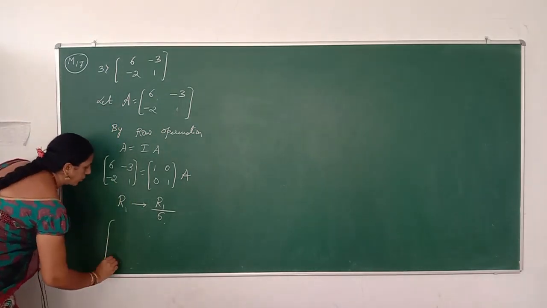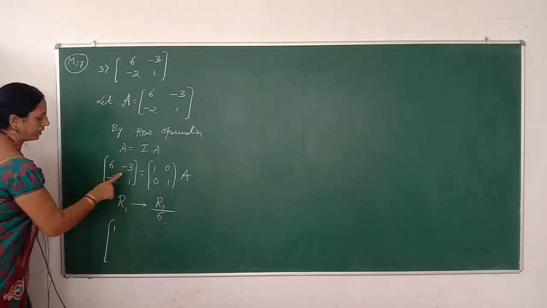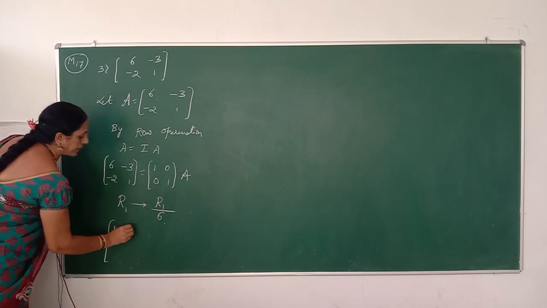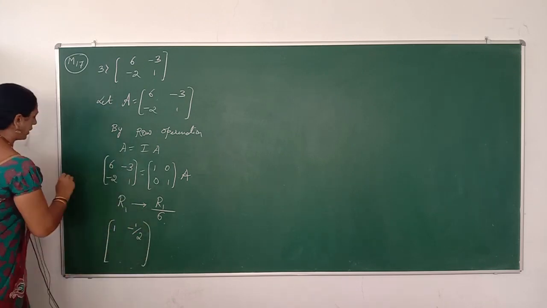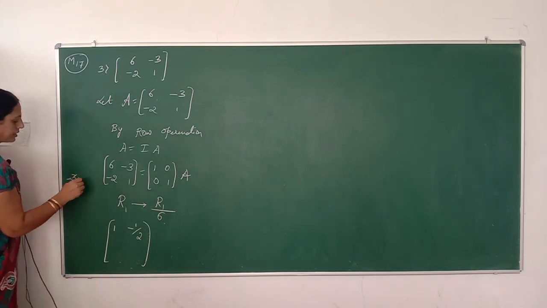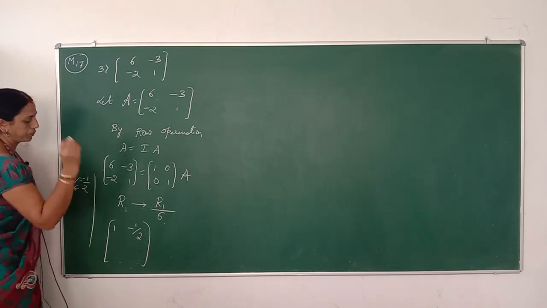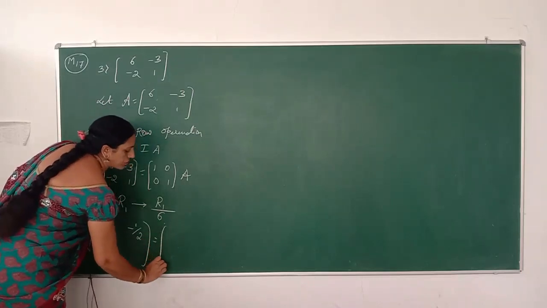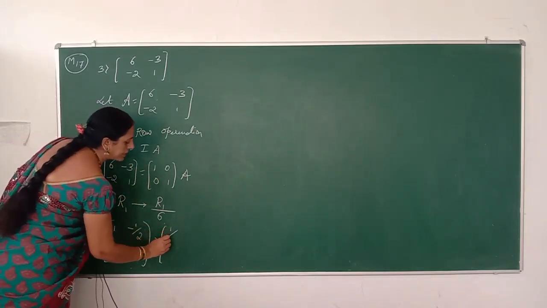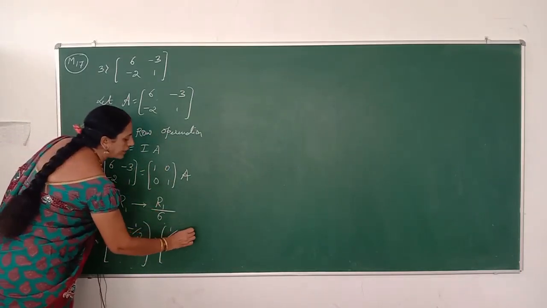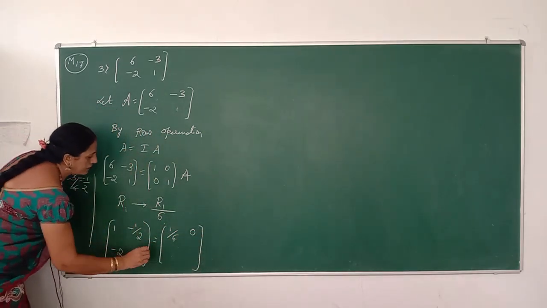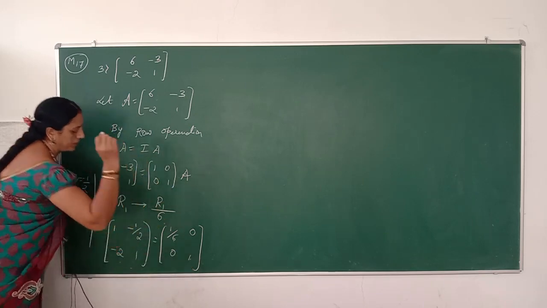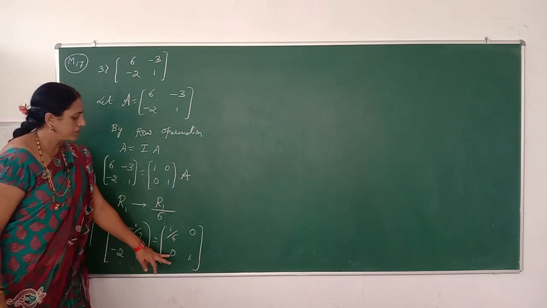In the first row, 6 by 6 is 1, minus 3 divided by 6 is minus 1 by 2. In the RHS, 1 divided by 6, 0 divided by 6 is 0, and the second row is not altered: minus 2, 1, 0, 1.